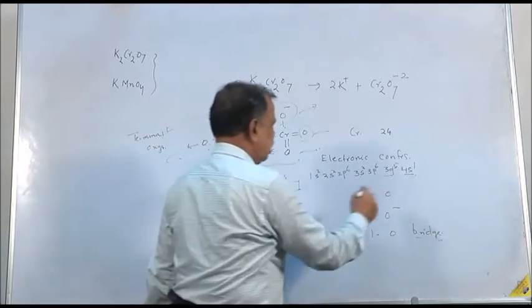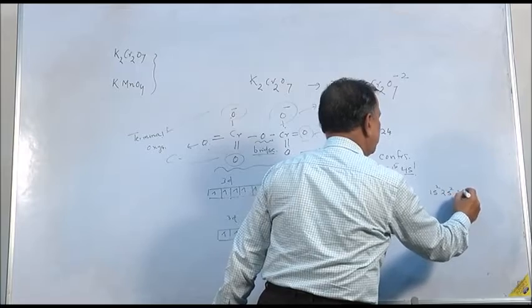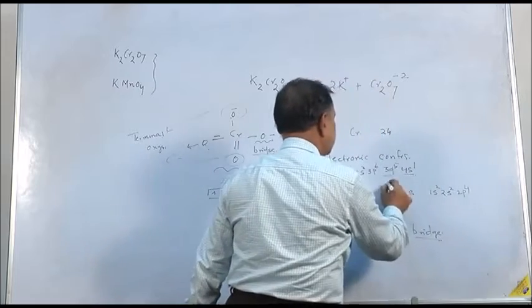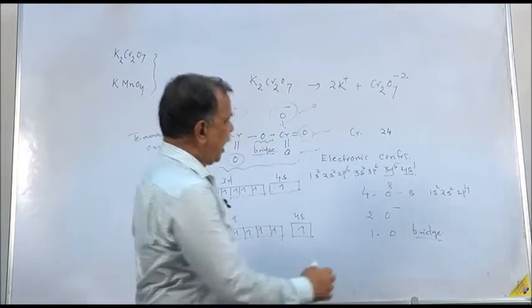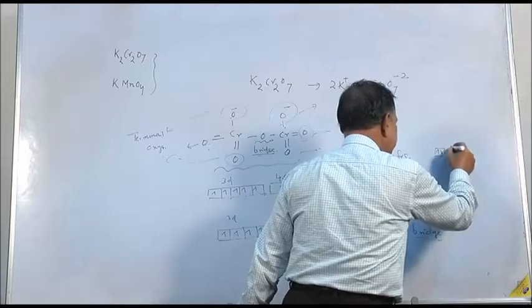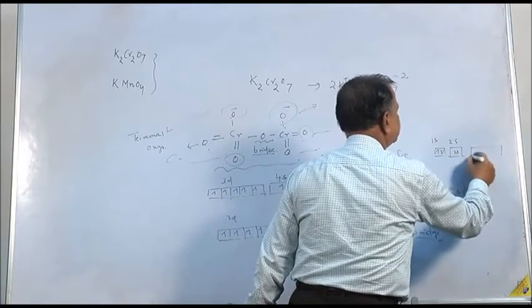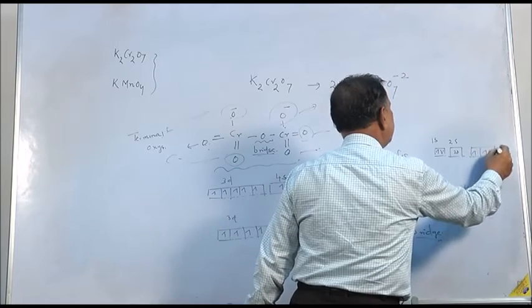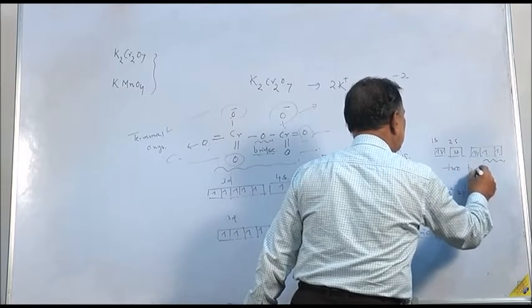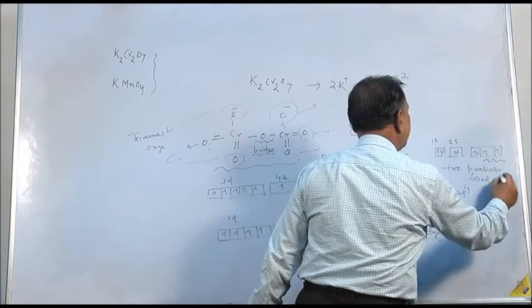Now, each oxygen atom, atomic number 8, contains 1s2, 2s2, 2p4. Hence, how many partially filled p orbitals does it contain? Let us find out. 1s, 2s, and 2p: 1, 2, 3, 4. So each oxygen contains 2 partially filled p orbitals.